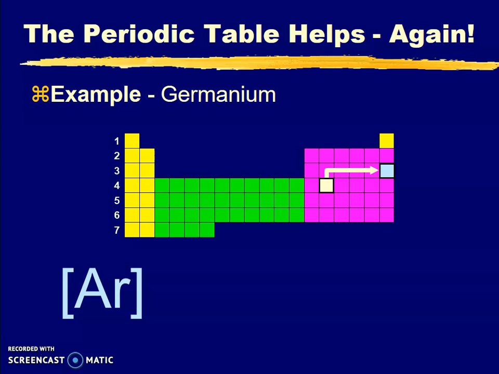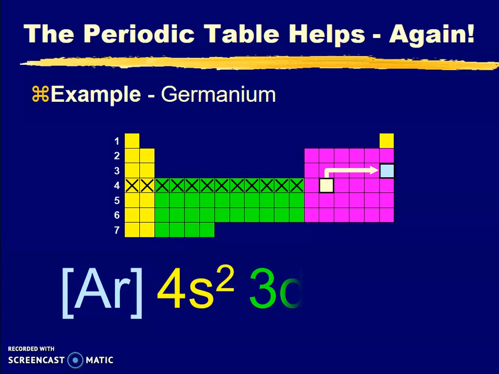So what comes after argon? Next is 4s, and both of those, so I'm going to write 4s2. Okay, follow the periodic table. What comes next? It's D. But remember, D is n minus 1. So we're on period 4, but we have to subtract 1. Okay, so this is going to be 3D, and then we're going to count them.